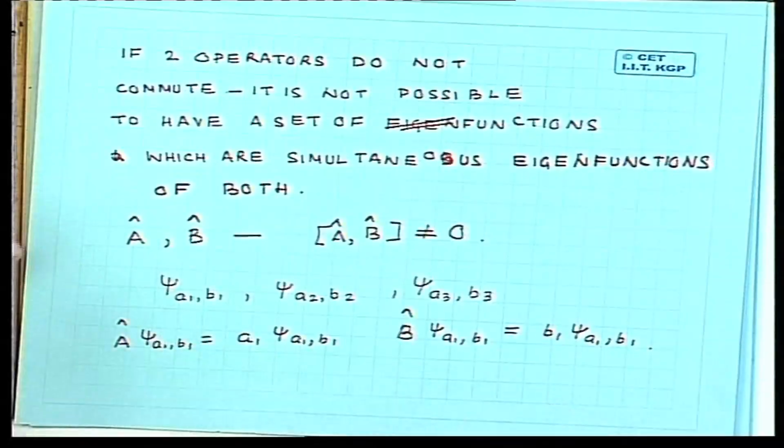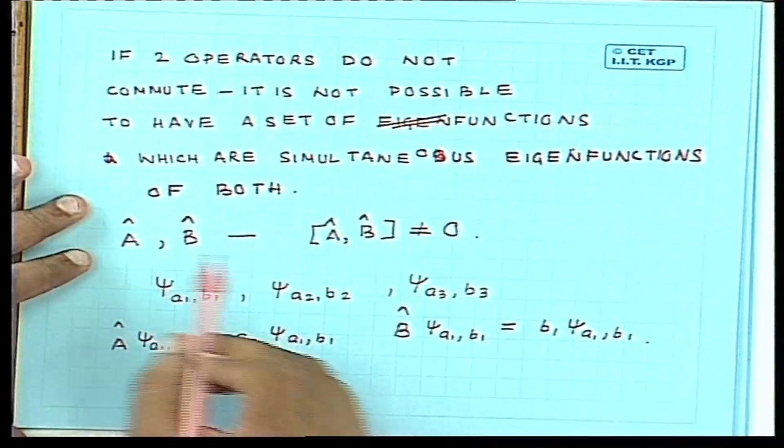Okay, so we have just proved that you cannot have simultaneous eigenfunctions for two operators which don't commute.